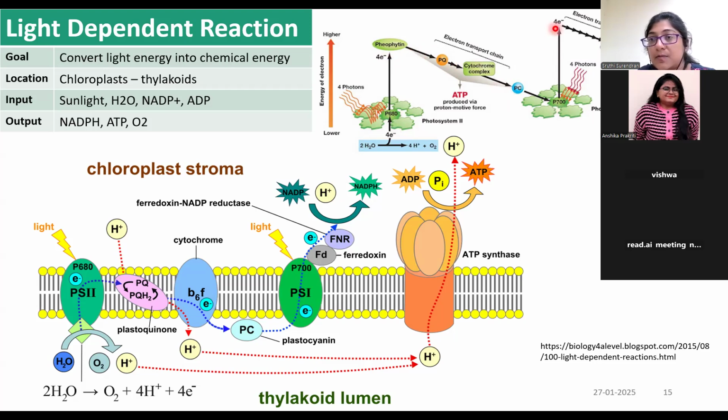Again it gets excited, and these electrons are used in the production of NADPH. Along the course of this, the concentration gradient increasing over here is going to drive the ATP synthase to produce ATP. So, those of you who are new to this, I hope this part is clear.